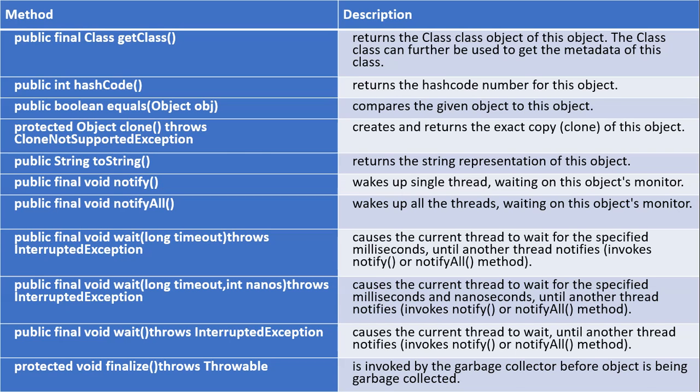Why? Because the object may be using other resources, for example, a printer or files. So before deallocating the memory for the object, that is, deleting the object, we can close every resource used by that object. For that reason we have the finalize method. So these are the set of methods available in the Object class.